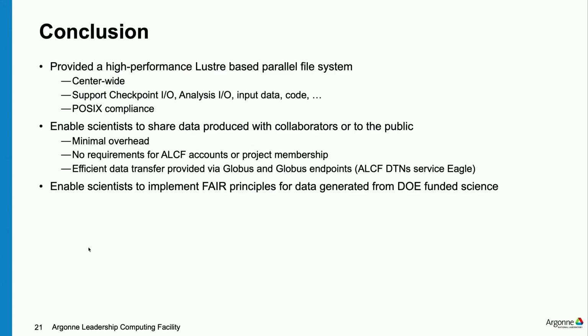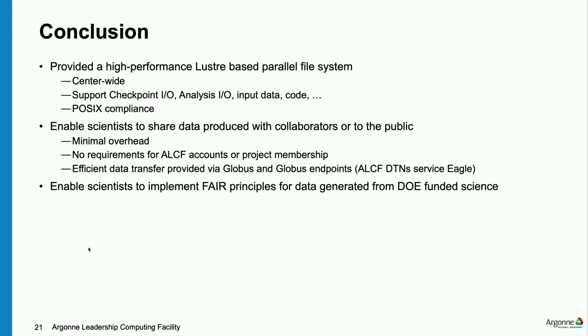In conclusion, we provided a high performance Lustre-based parallel file system. It's center-wide, and supports checkpoint I/O, analysis I/O, and input data and code. It's POSIX compliant. For sharing, it enables scientists to share data produced with collaborators or the public.